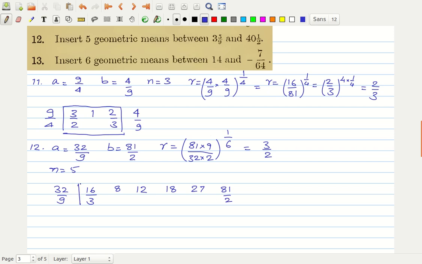So these 5 numbers here are our 5 geometric means.